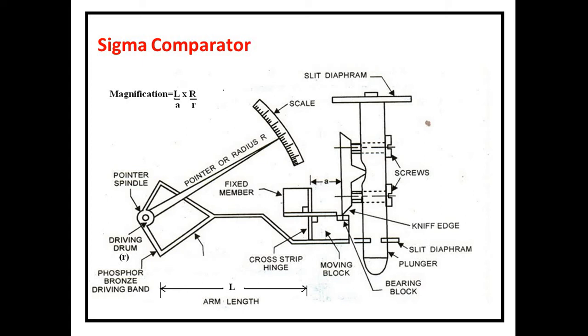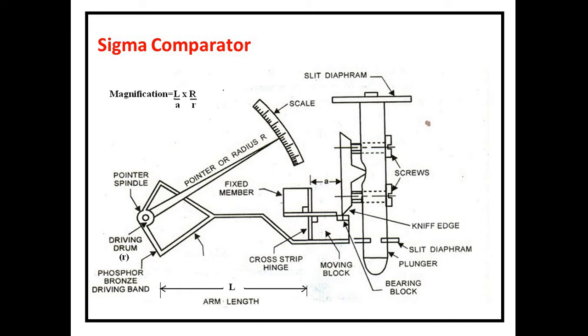So here we get the first stage magnification. The total magnification of this comparator takes place in two stages. One is L by A, this is the first stage magnification, and the second stage magnification is capital R divided by small r. So this first stage magnification is achieved up to this, that is L by A. Capital L is the length of this arm and A is the distance between the knife edge and the pivot of this cross strip hinge.